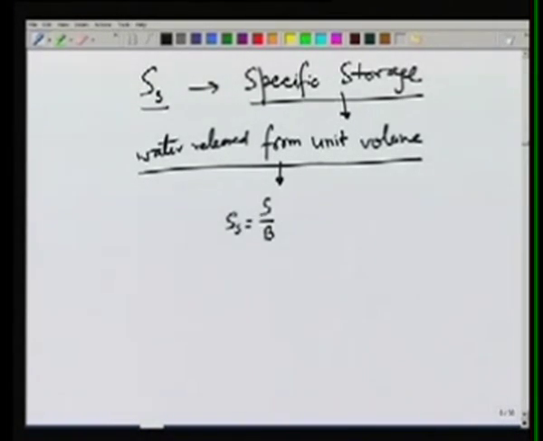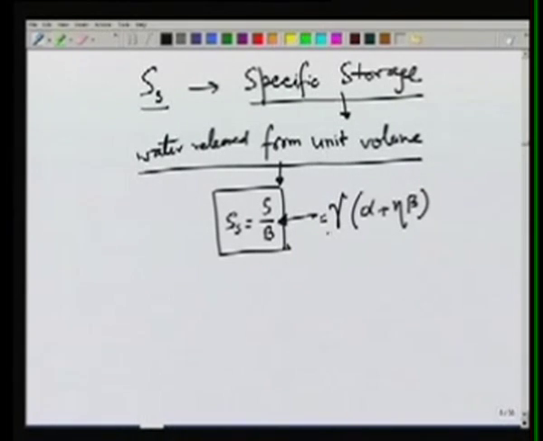Because S was the volume released from the entire thickness B, and therefore if we take unit volume, the amount of water released will be given by S over B, and then we can write this also in terms of the compressibilities and the porosity as gamma alpha plus eta beta. SS will be used when we derive our continuity equation for confined aquifer case.